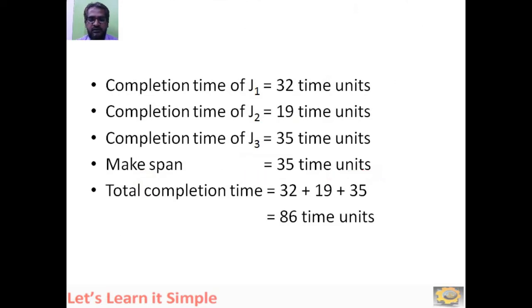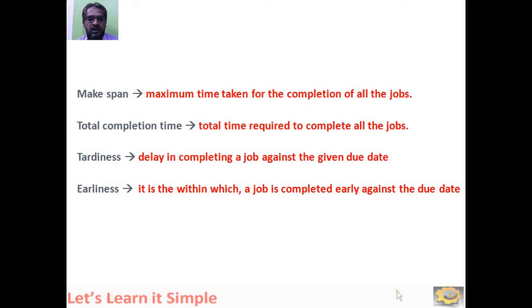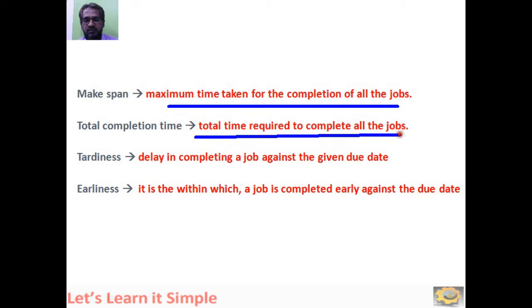How is makespan defined? Makespan is the maximum time taken for the completion of all the jobs on all the machines. Now total completion time is the total time required to complete all the jobs, which is the summation of the completion times of jobs 1, 2 and 3.